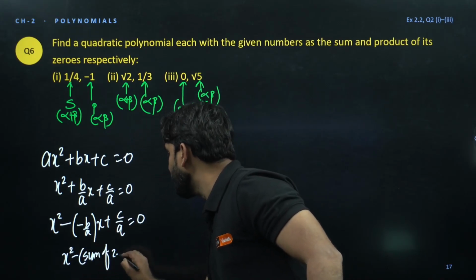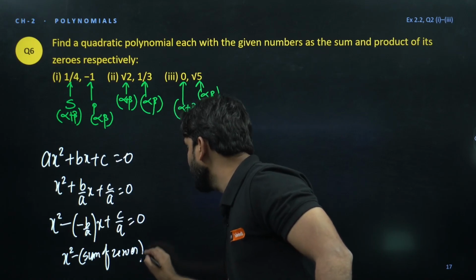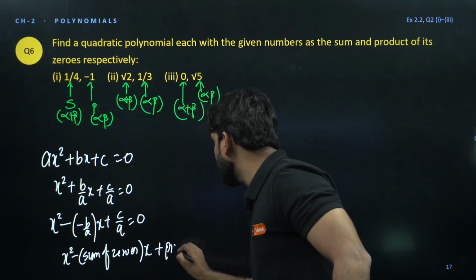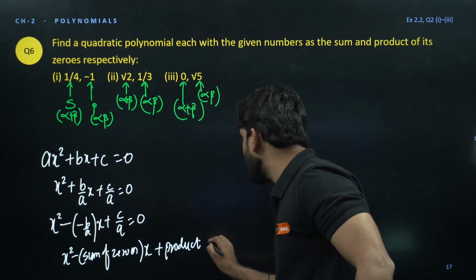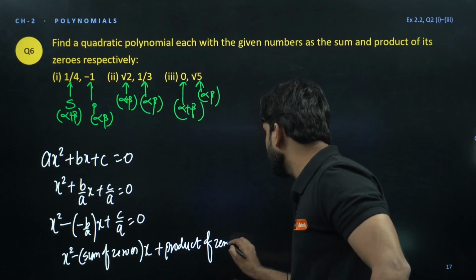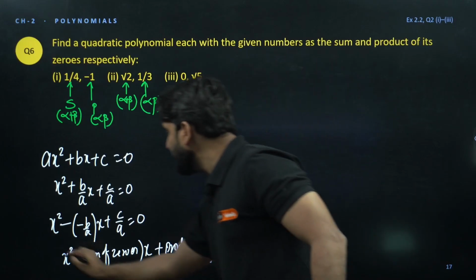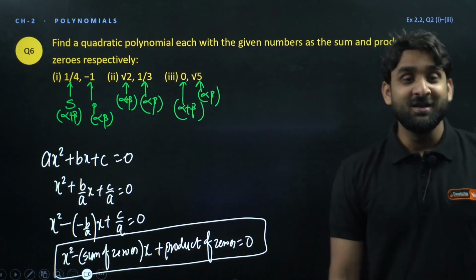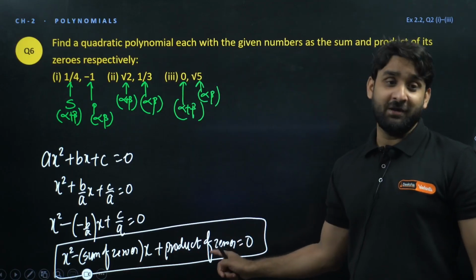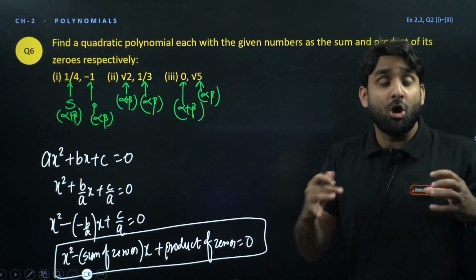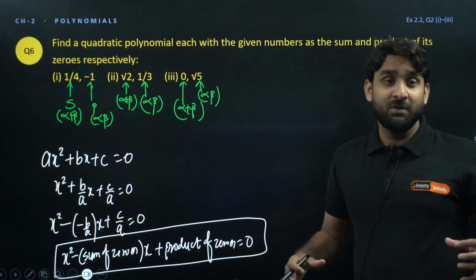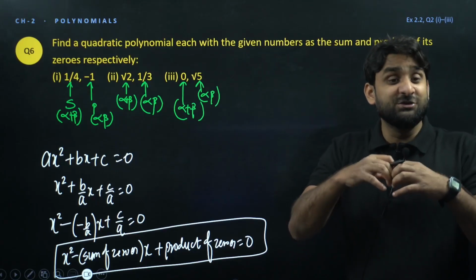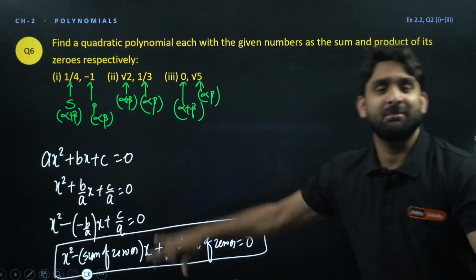Sum of zeros into x plus what? Product of zeros is equal to 0. Agree? So my dear champion, this formula is very important to construct any unknown quadratic polynomial, whether the roots are given, whether the zeros are given, or directly sum and products are given.